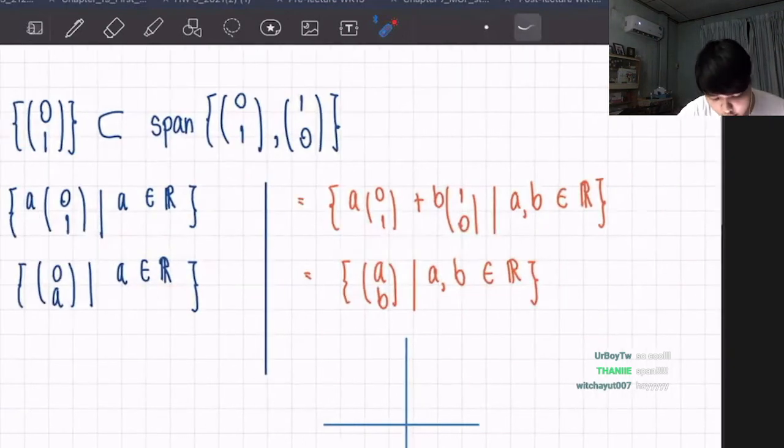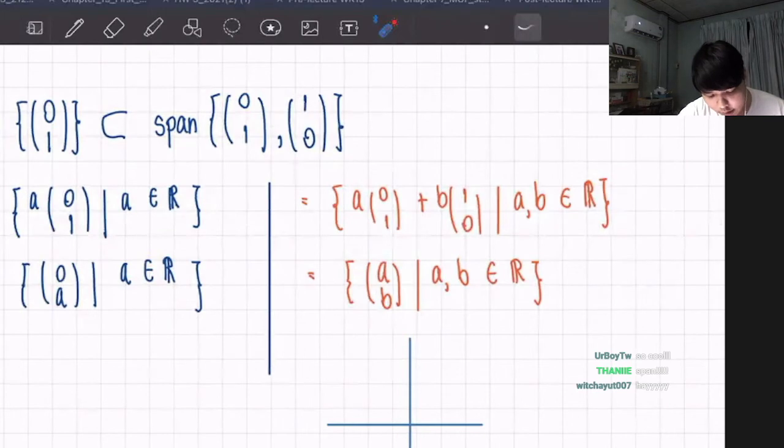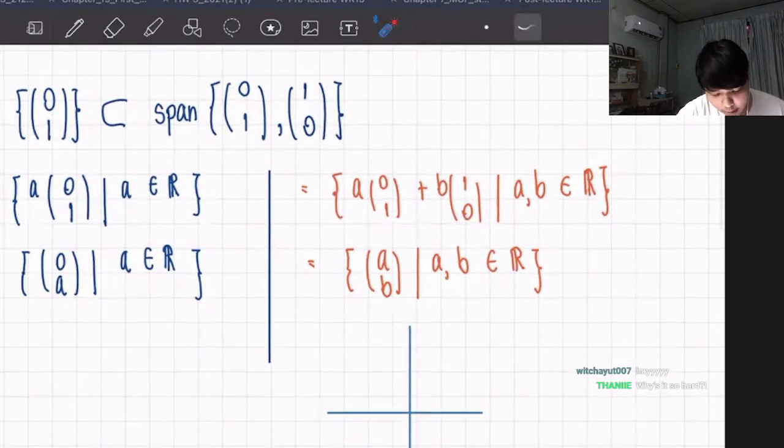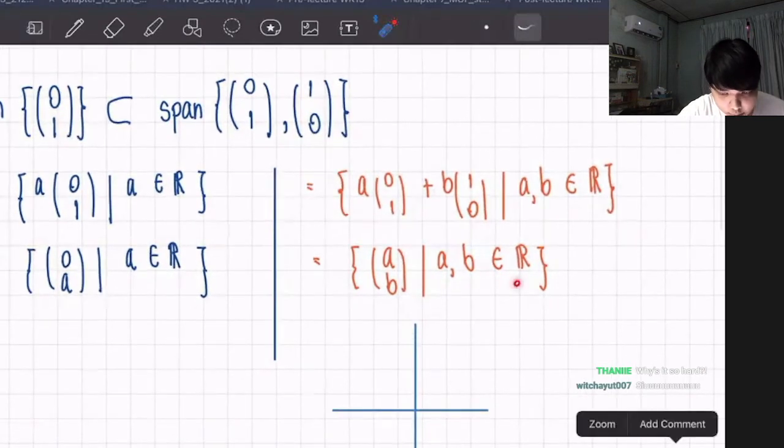On the right hand side we have A times 0, 1 plus B times 1, 0, where A and B are real numbers too, and we have the vector A, B, where A and B are real numbers.